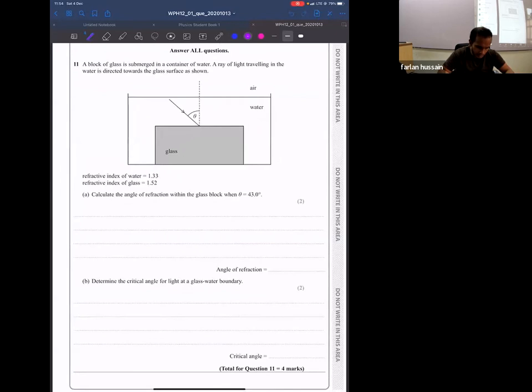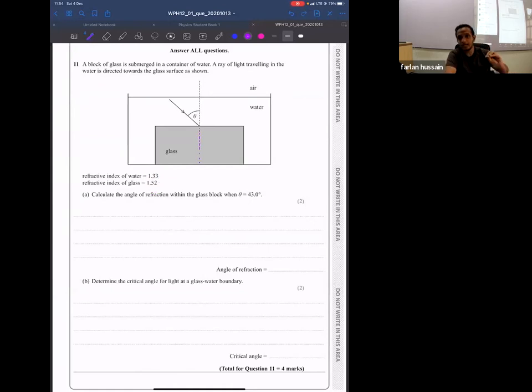Calculate the angle of refraction within the glass block when theta is 43. Okay, now let me extend this normal here. If you compare glass and water, water has a refractive index of 1.33, glass has a refractive index of 1.52.